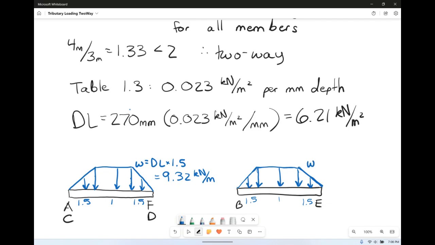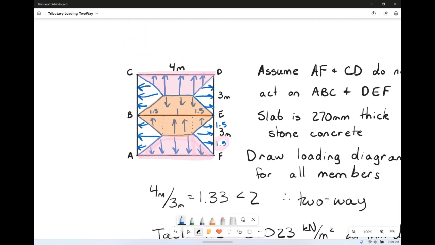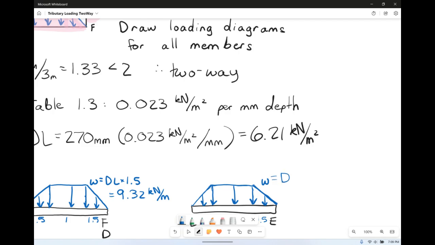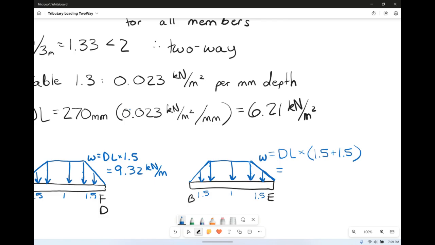The weight applied to it is going to be a little bit different, because we are looking for the height, which is again the 1.5, but there's a 1.5 on each side. So W is equal to our dead load times 1.5 plus 1.5, because there are two of the same trapezoid adding together. So he's going to equal double our last guy, which is 18.6 kilonewtons per meter.